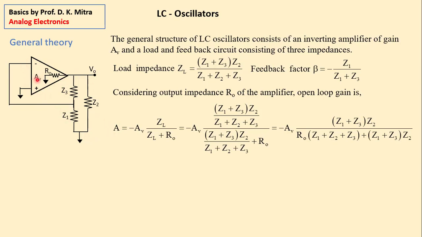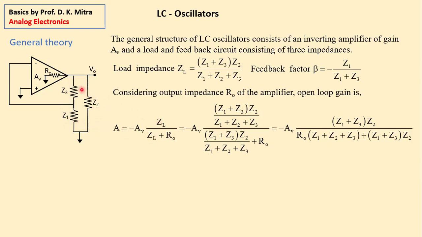The input is multiplied by AV, and there is a negative sign, so minus AV. And this is the total ZL, and there is an in-series impedance RO. So what will be the output available here? By Kirchhoff's voltage law, the output available here will be RO plus ZL in the denominator, and ZL in the numerator.